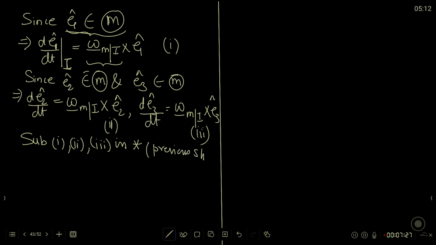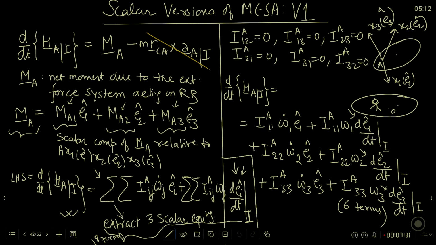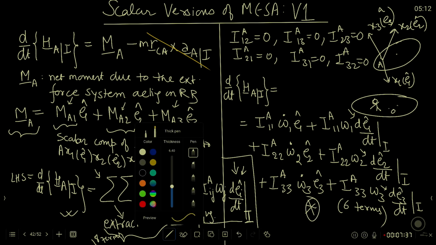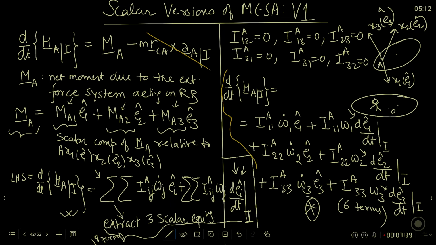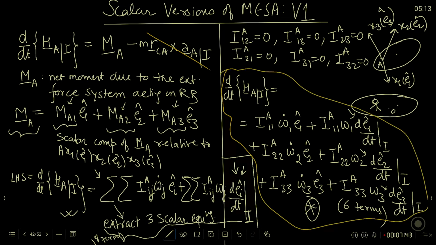This is what I am calling the star equation. Replace this by omega cross E1, this by omega cross E2, this by omega cross E3.